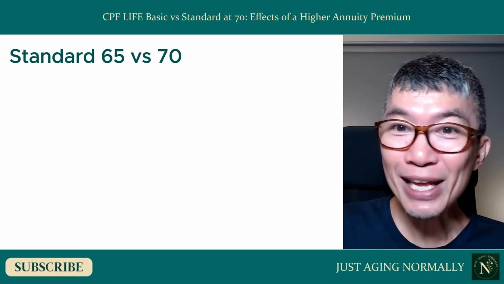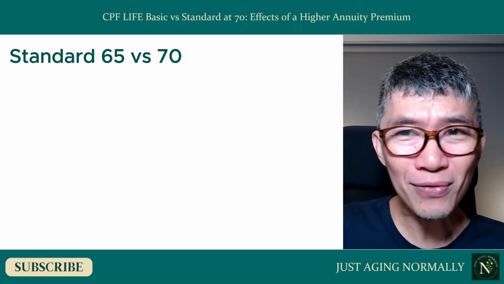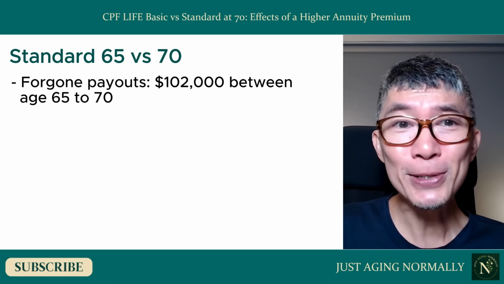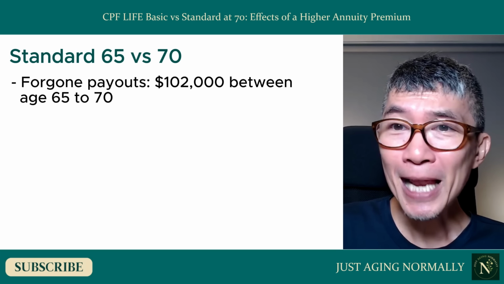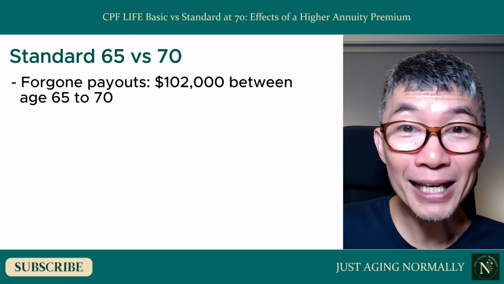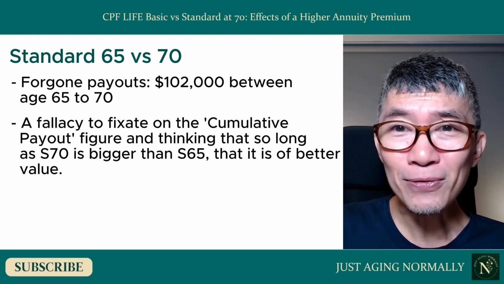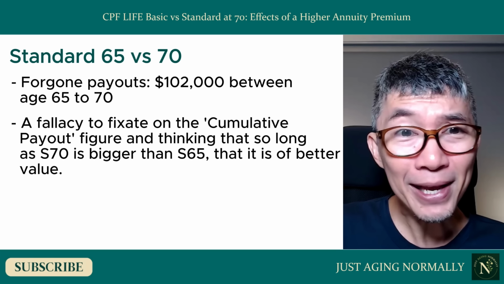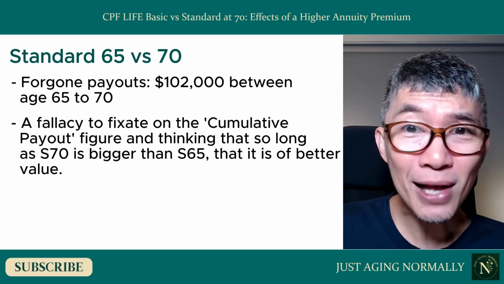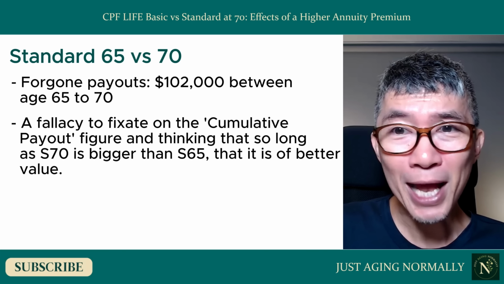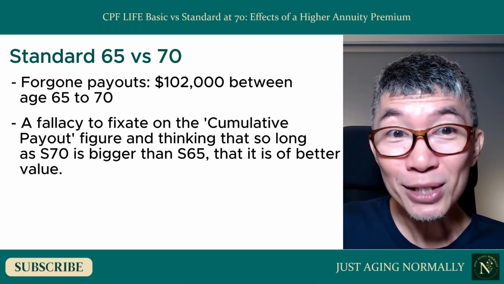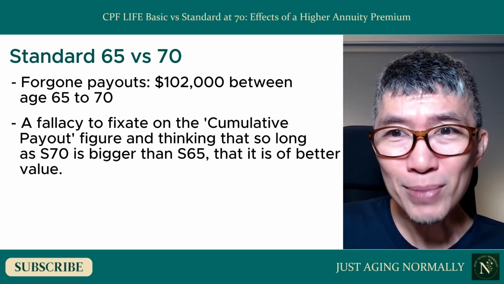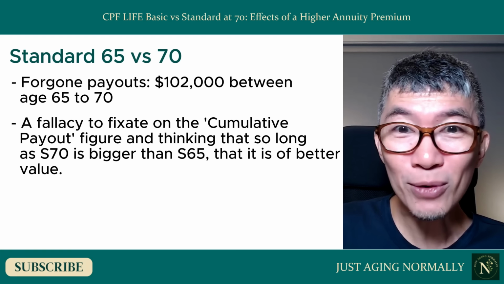Basically, if you are willing to starve yourself of 102K worth of life experiences between 65 and 70, like not eating the cup noodles early, it is a fallacy to fixate on the cumulative payout figure and think that so long as S70 is bigger than S65, it is of better value. But that metric is flawed because it ignores what you have sacrificed.